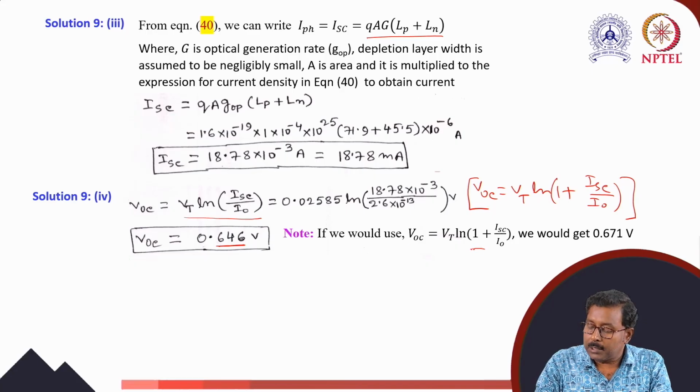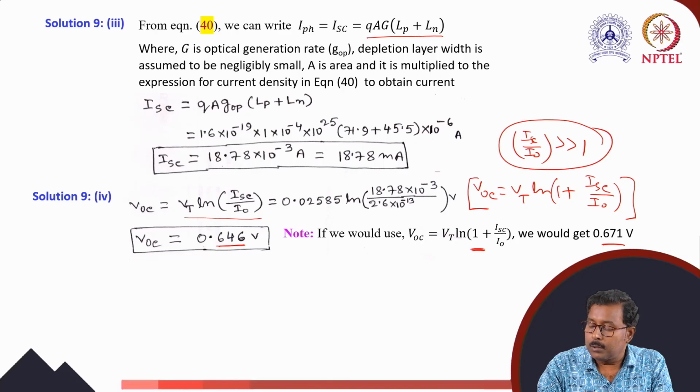If 1 is considered, the value would be 0.646 to 0.671 volt. Isc by I0 is much greater than 1, so the 1 can be neglected.